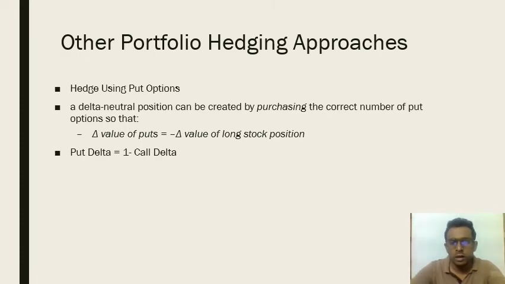If you have a call delta, maybe you have 60,000 of stock of a particular security and your delta is 0.6, the call options that you need to purchase is 60,000 divided by 0.6, which is equal to 1 lakh. The put delta you need is 1 minus call delta, so the number of put options that you need to purchase will be 1,50,000 put options.